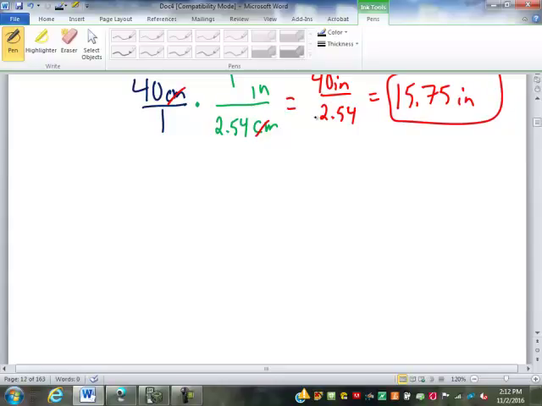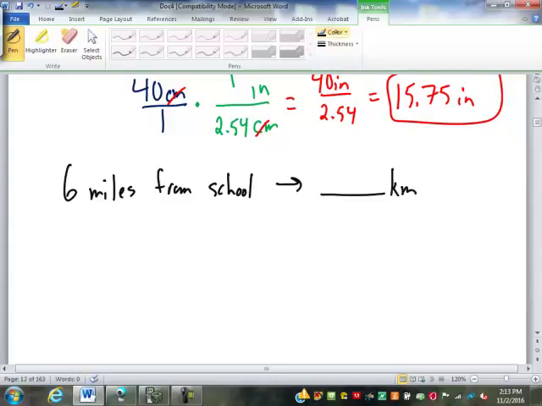We might look at, let's say that you live 6 miles from, let's just say, school. Let's figure out how many kilometers that would be. Well, I need to give you an equivalence, a relationship between miles and kilometers.